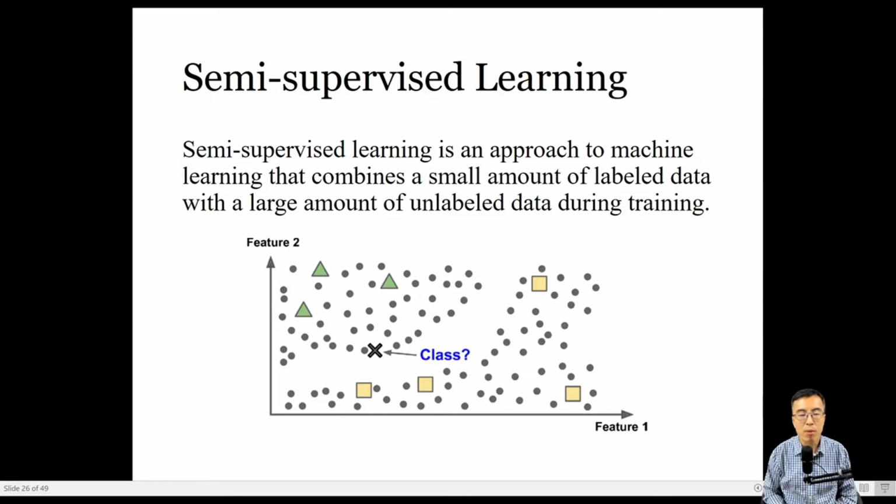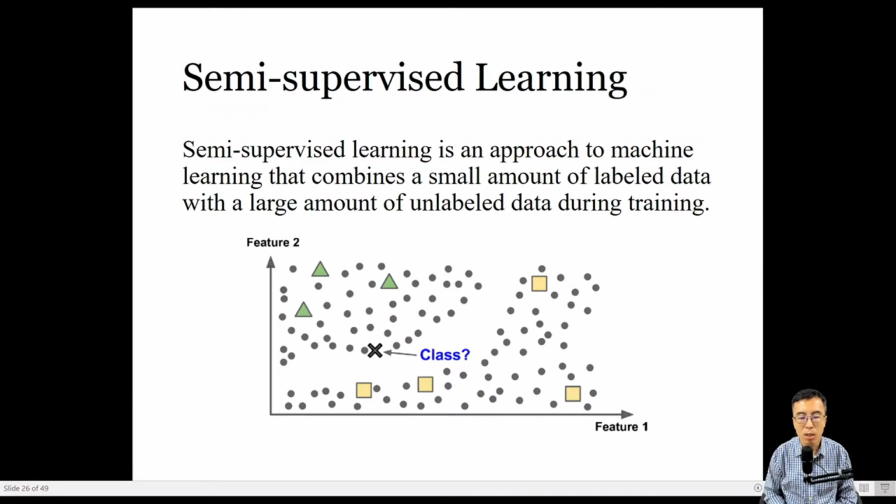Semi-supervised learning is a mix between supervised and unsupervised learning. It is an approach to machine learning that combines a small amount of labeled data with a large amount of unlabeled data during training. In the graph below, as we can see, there are only 7 labeled observations, including 3 triangles and 4 squares, whereas the green dots are not labeled.